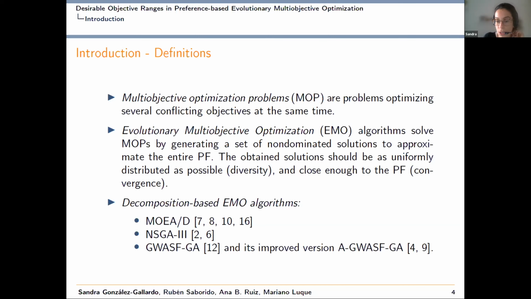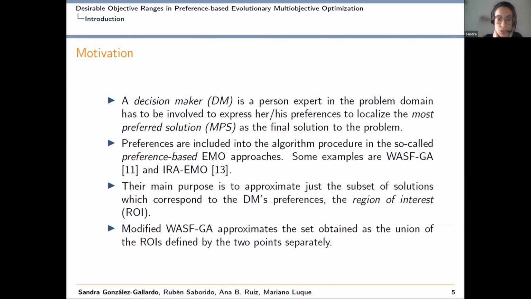Within this type of algorithms, we can distinguish MOEA/D, NSGA-III, global WASF-GA, and its improved version, AG-WASF-GA.